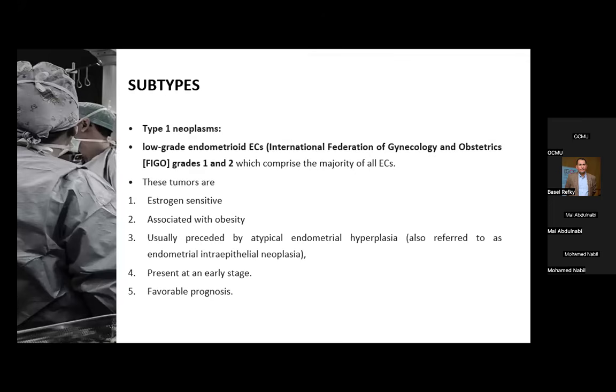The type 1 neoplasms, as most of you know, are low-grade adenocarcinomas, grade 1 and grade 2 mainly. These tumors are mainly estrogen sensitive, associated with obesity, usually preceded by endometrial hyperplasia or atypical endometrial hyperplasia, usually present at early stages, and usually have a very good prognosis.